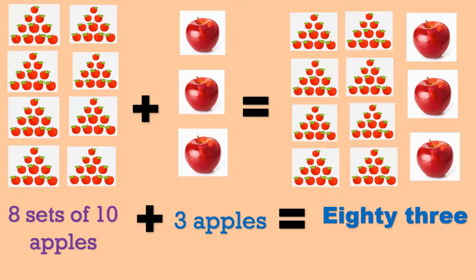Add 3 more apples. 1, 2, 3. So 8 sets of 10 apples, add 3 more apples, equal to 83 apples in all.